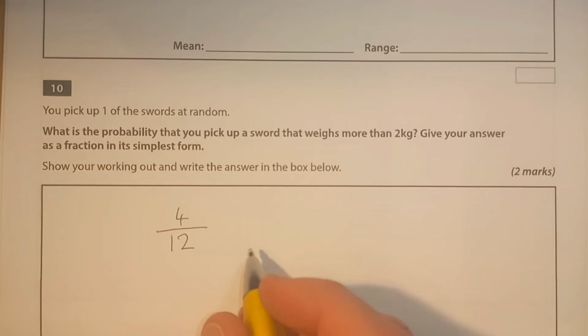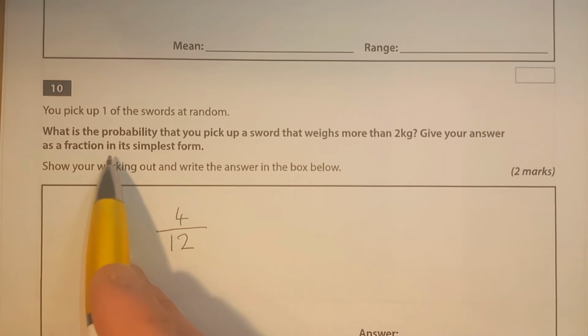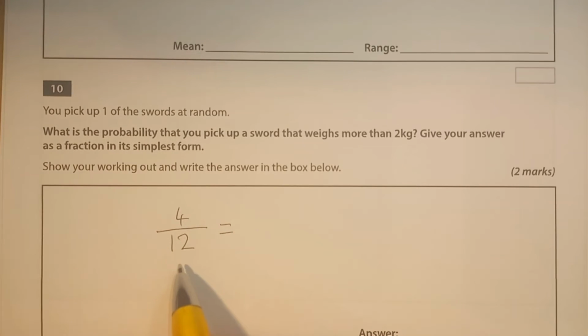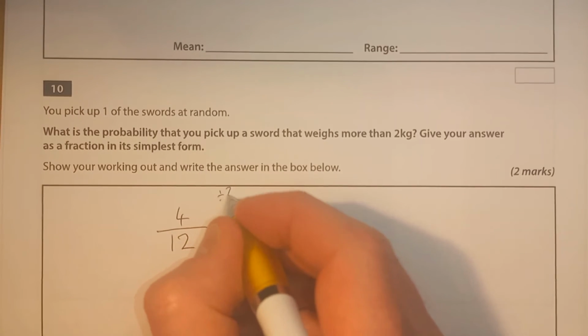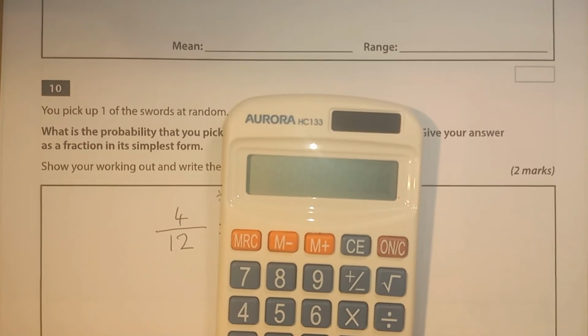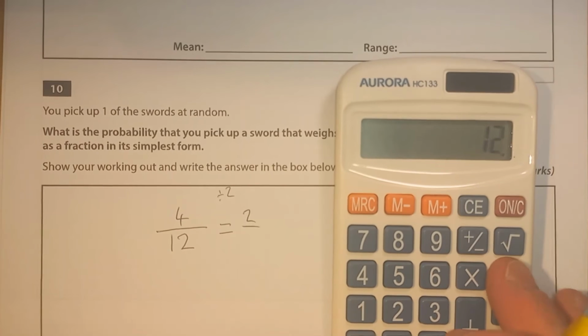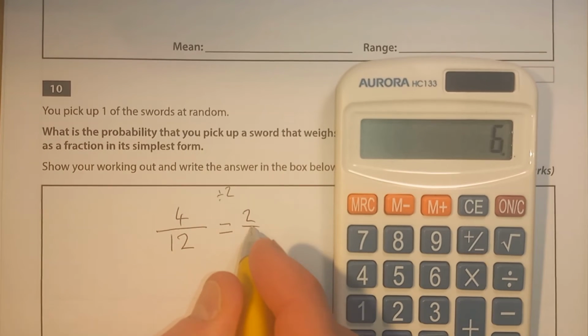But they did say, give your answer as a fraction in its simplest form. So this will get you 1 mark, but we need to simplify it down. What number goes into both 4 and 12? It's not necessarily the most efficient way, but I know they're both even numbers, so I can divide them both by 2. 4 divided by 2 is 2, and 12 divided by 2 is 6.